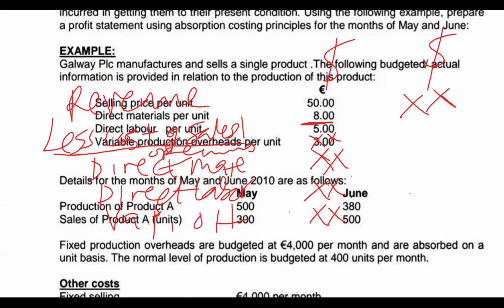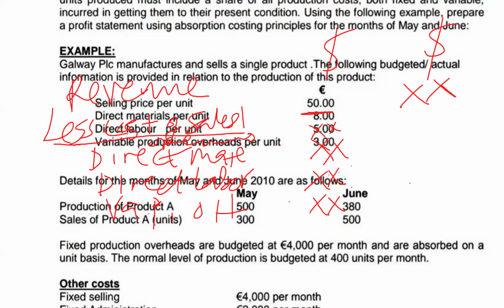The variable production overheads. And the word overhead is just a collective term that simply means indirect costs, right? So when we say variable indirect costs, we are referring to those overheads.